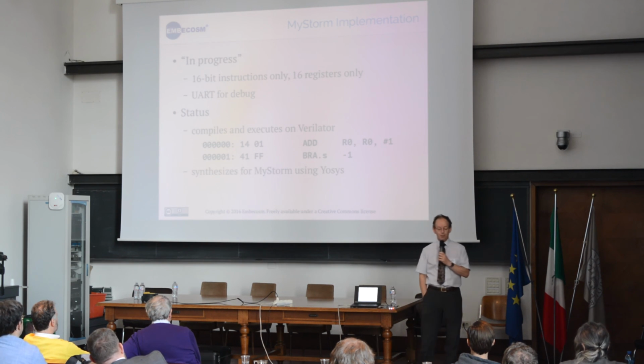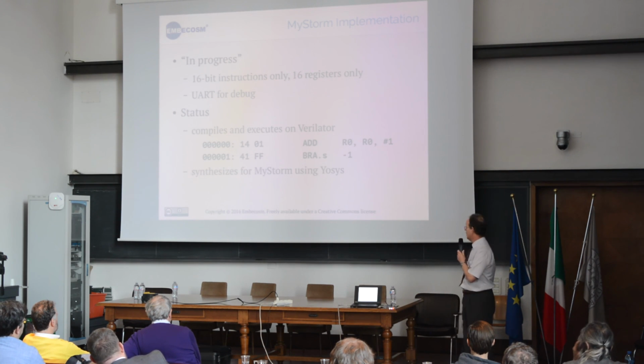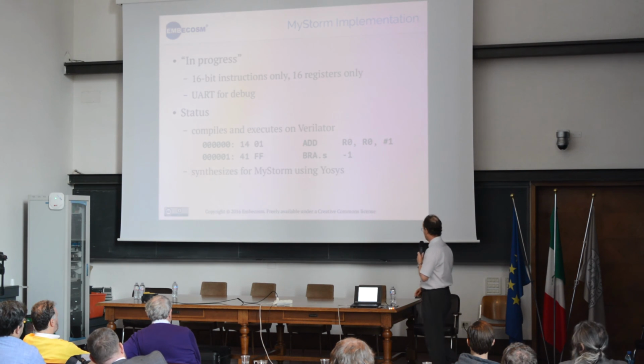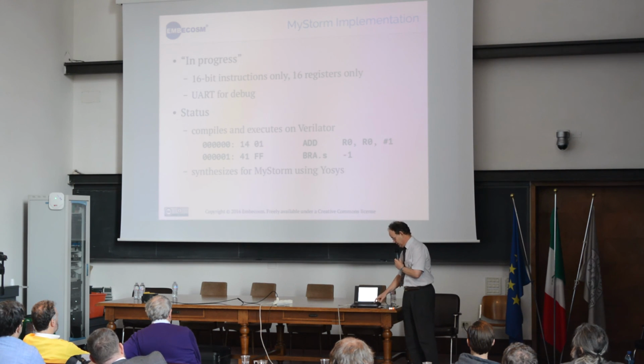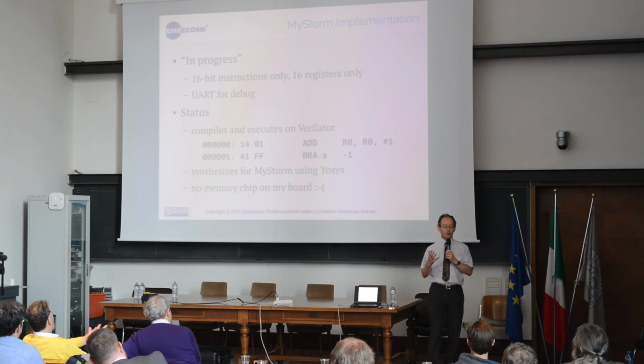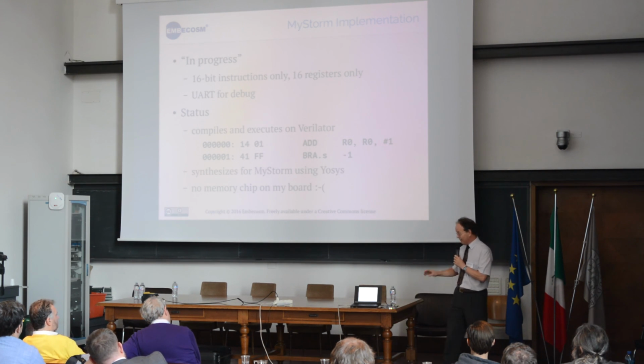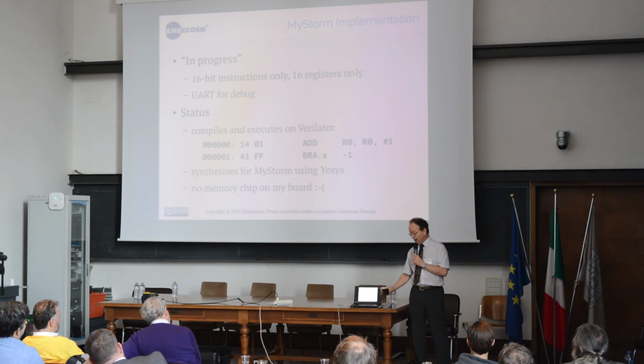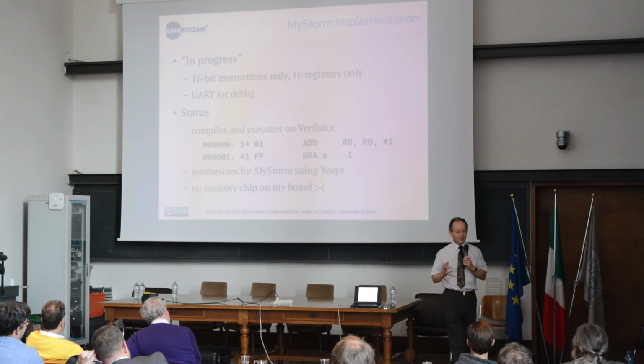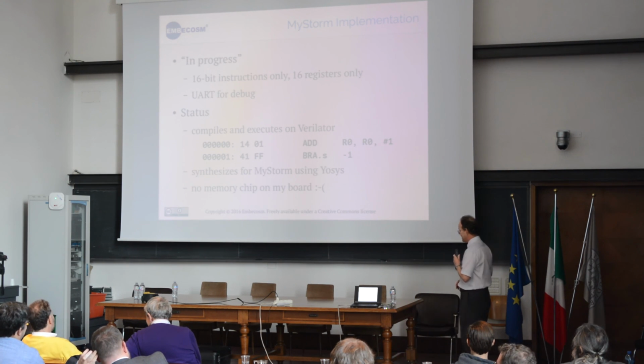It synthesizes for MyStorm, no problem, using Yosys, and it'll easily fit on MyStorm. But it doesn't run. And the reason is, Al pointed out to me the glaring omission. I've got one of the very early MyStorm boards, and where the memory chip should be on the back is a little sign saying IC1 and no memory chip. So we'll remedy that later today.